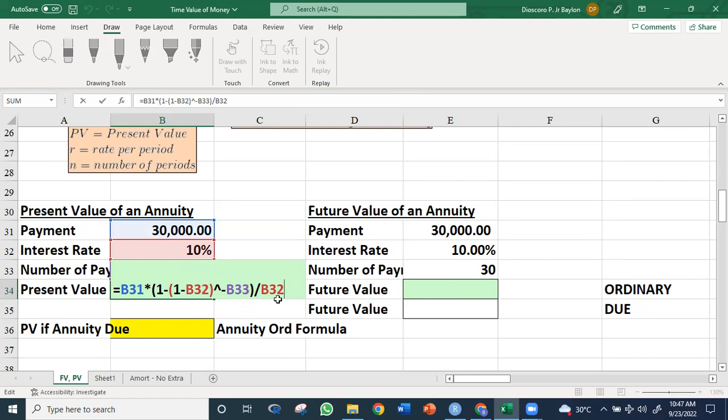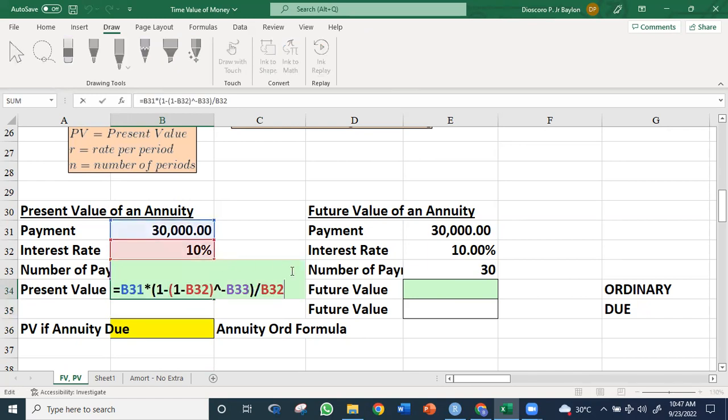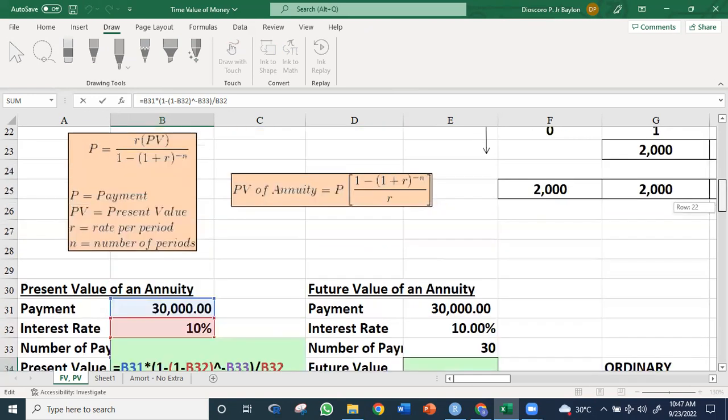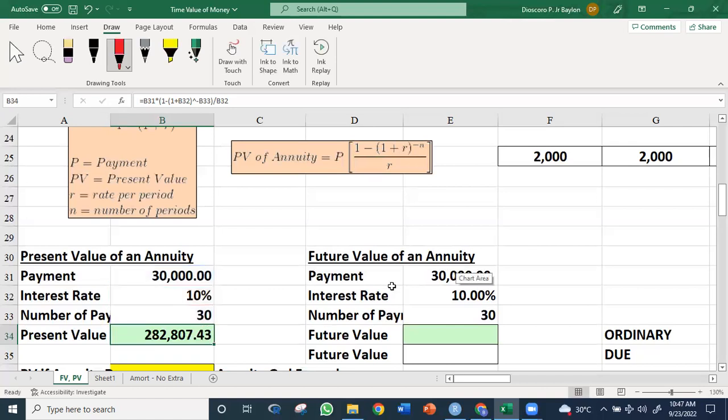May nabago ba dito? P times 1 minus quantity... this should be plus, no? 1 plus R, raised to the negative n over R. Control enter. So 282. Yeah, correct. Okay, thank you.